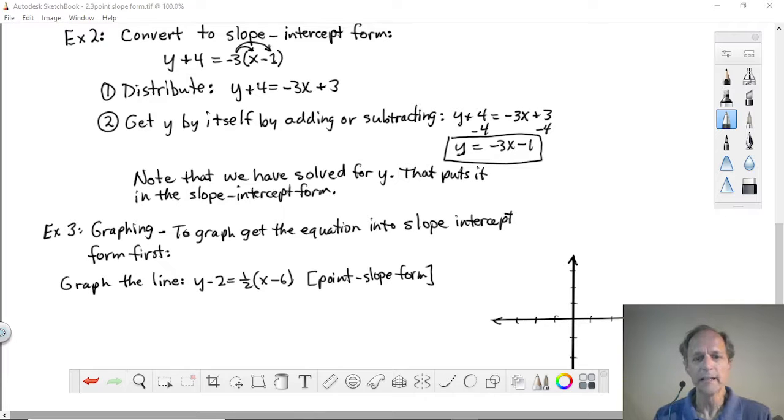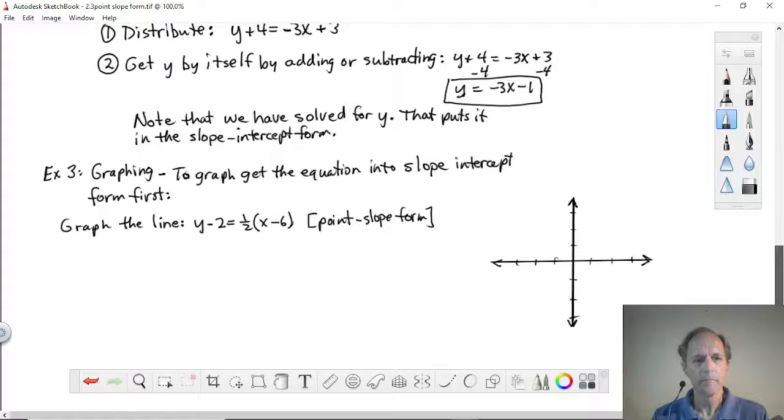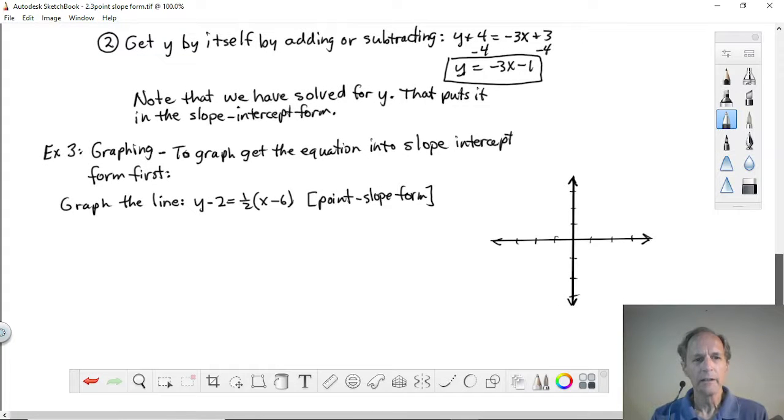Okay, so our next example is graphing. So if we have an equation in point-slope form, the first thing we're going to do is get it into slope-intercept form, and then we're used to writing the graph from that, right?